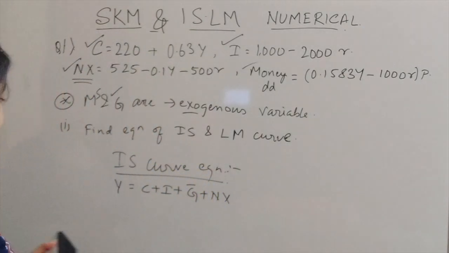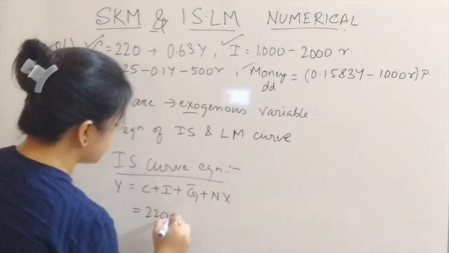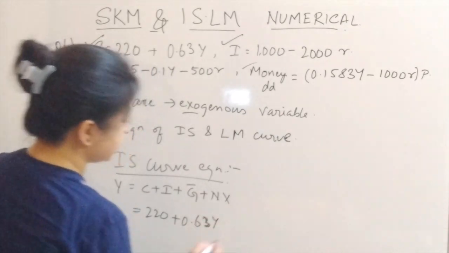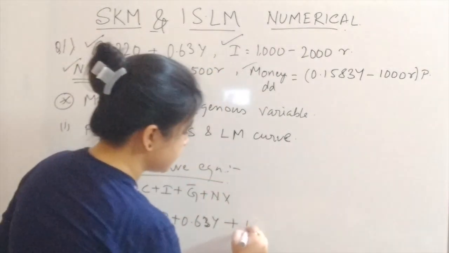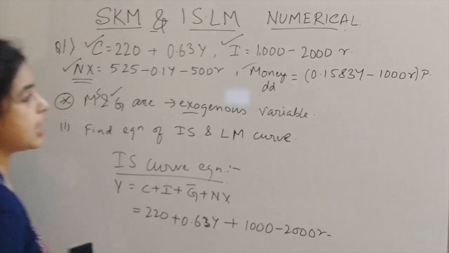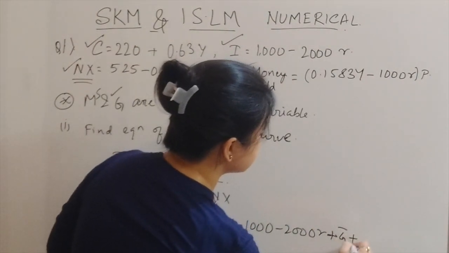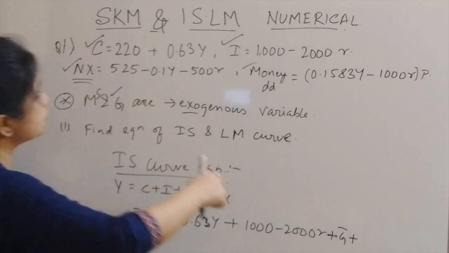So let's see that. Now, C, what's the value of C? It's 220 plus 0.63y. What's the value of I? I is given, that is 1000 minus 200 R, and we have G bar. So let's just write it as G bar, and the value of NX, that is this one. Let's substitute that.